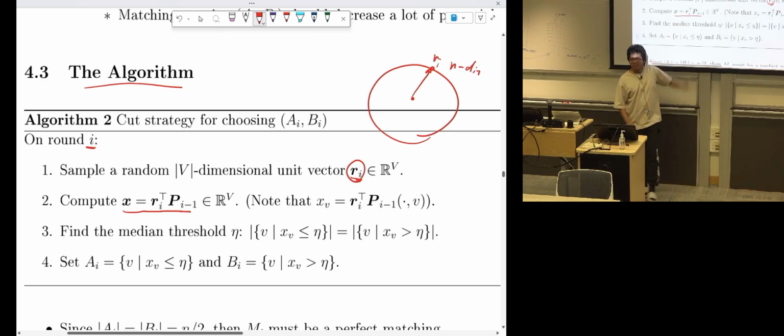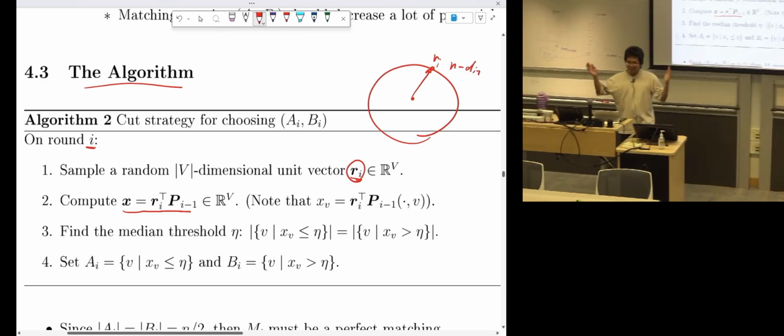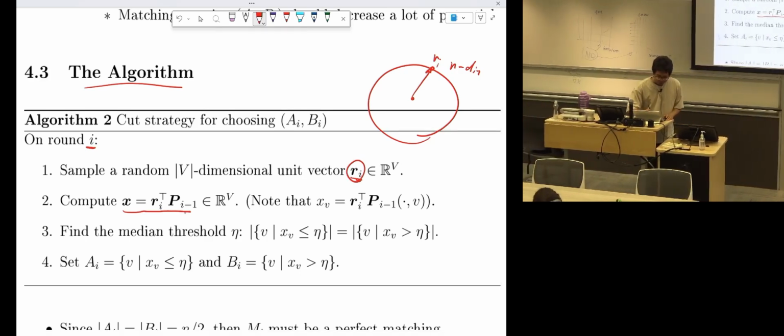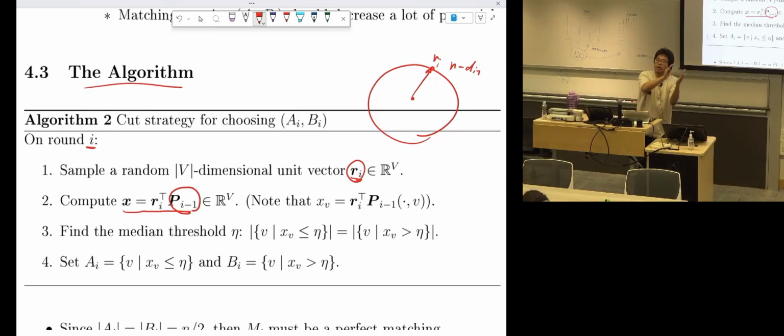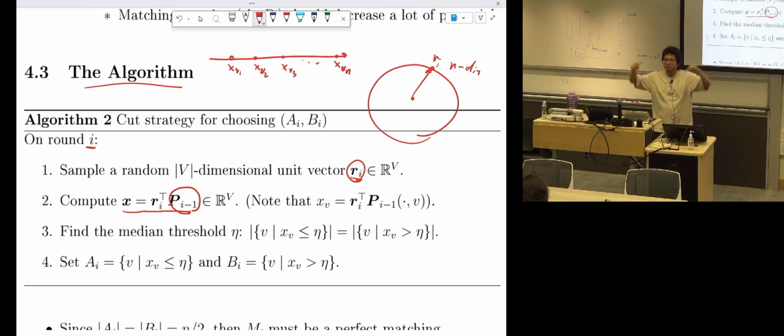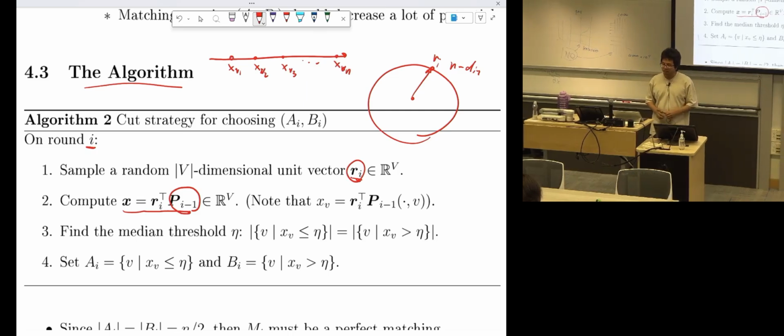So x really is just looking at the position of all points from the previous round i-1, projected down to direction Ri, and basically now all the points are sorted on this line: xv1, xv2, xv3, and so on, up to xvn.